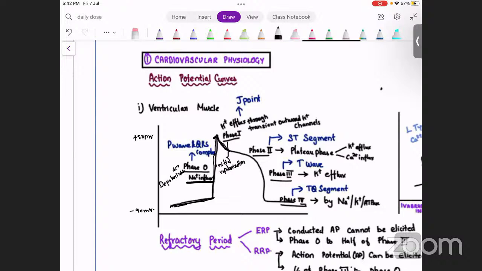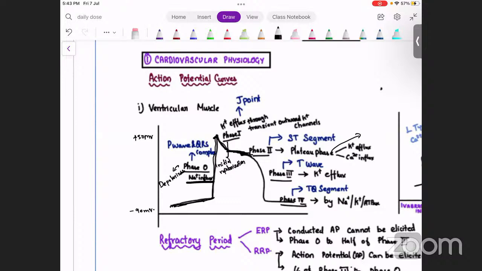And then you have phase 2, which is a plateau phase, where there is no change in the potential, and the plateau phase is maintained by potassium efflux and calcium influx, which indicates your ST segment in your ECG.